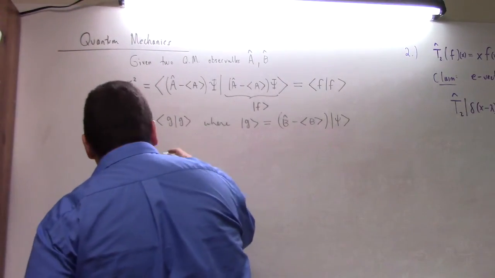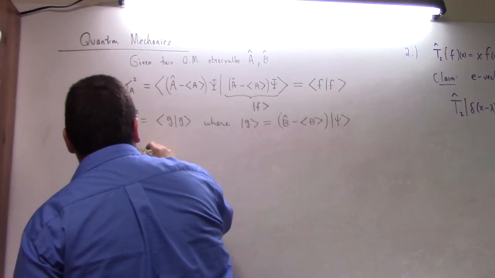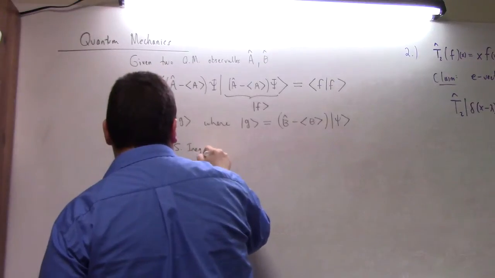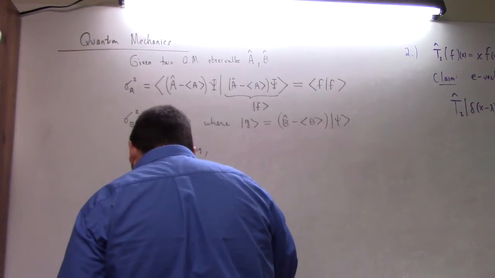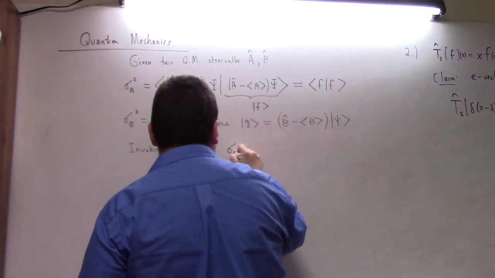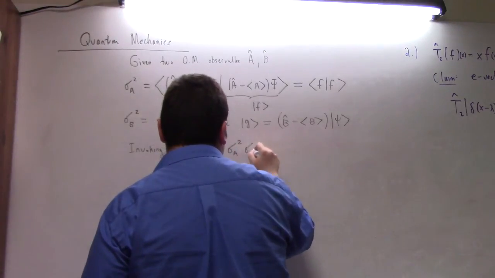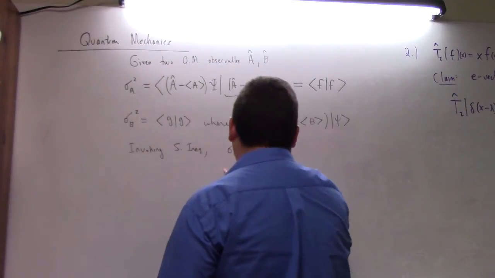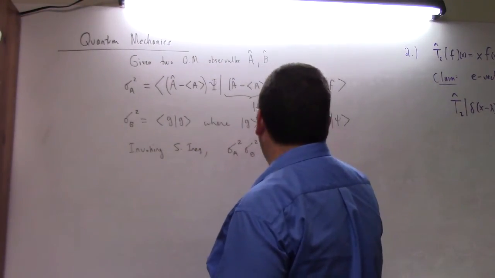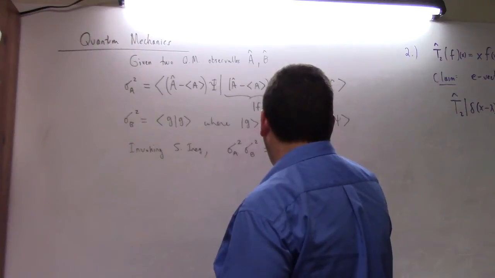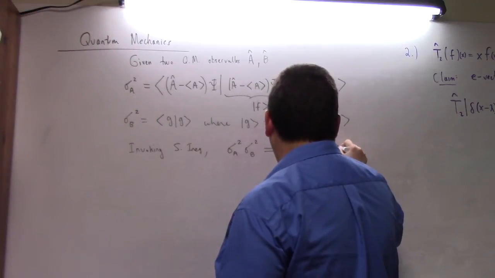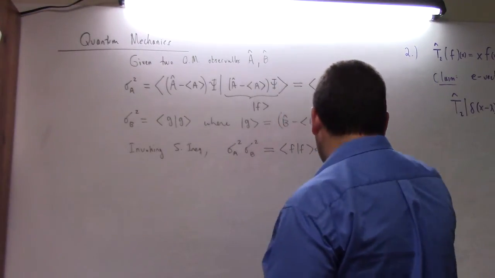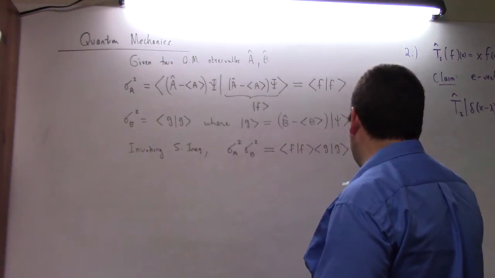So invoking the Schwarz inequality, we have sigma A squared times sigma B squared, which, now this is not the Schwarz inequality, this is just notation, is the inner product of F with F times the inner product of G with G. What's that? That's greater than or equal to what?